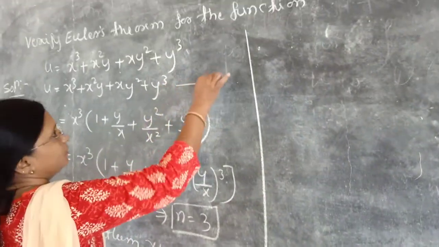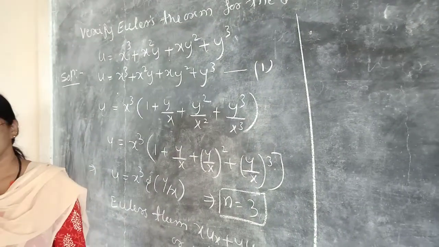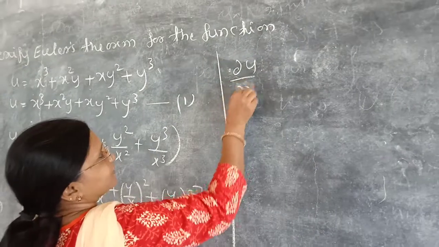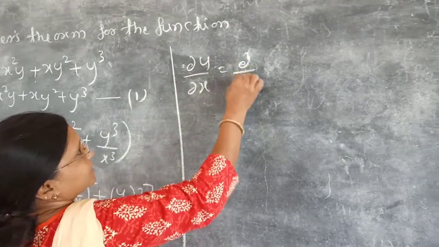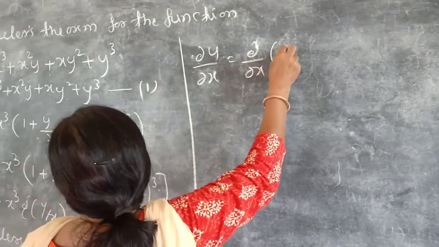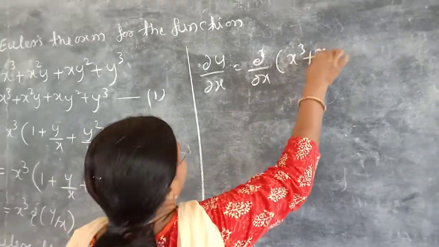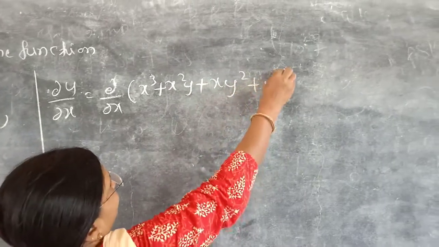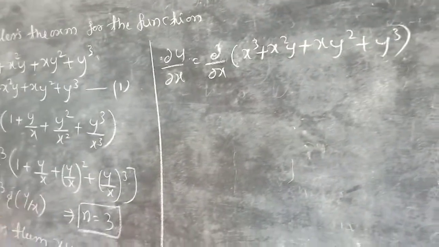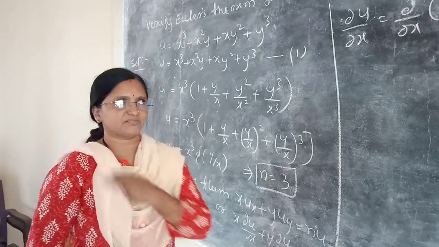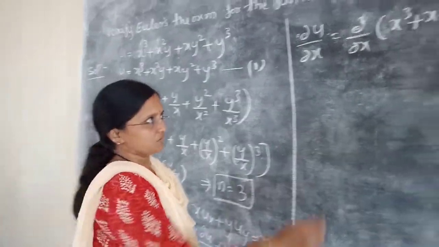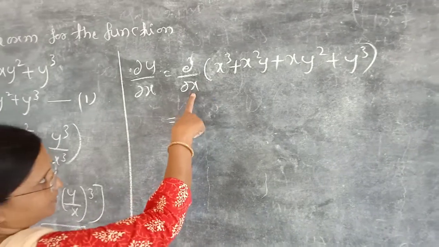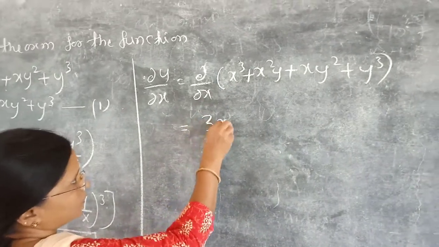Let us differentiate u partially with respect to x. So dou u by dou x is equal to dou by dou x of x cube plus x square y plus xy square plus y cube. Differentiating partially with respect to x means only x is variable, the remaining are constants. So x cube gives 3x square.